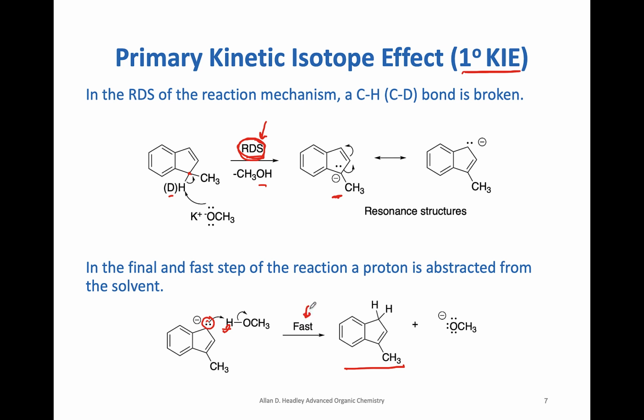In your mechanism, you will always propose a rate determining step and fast steps for the reaction. The reason why, again, let me emphasize, is because the rate determining step for a reaction dictates the overall rate of that particular reaction.